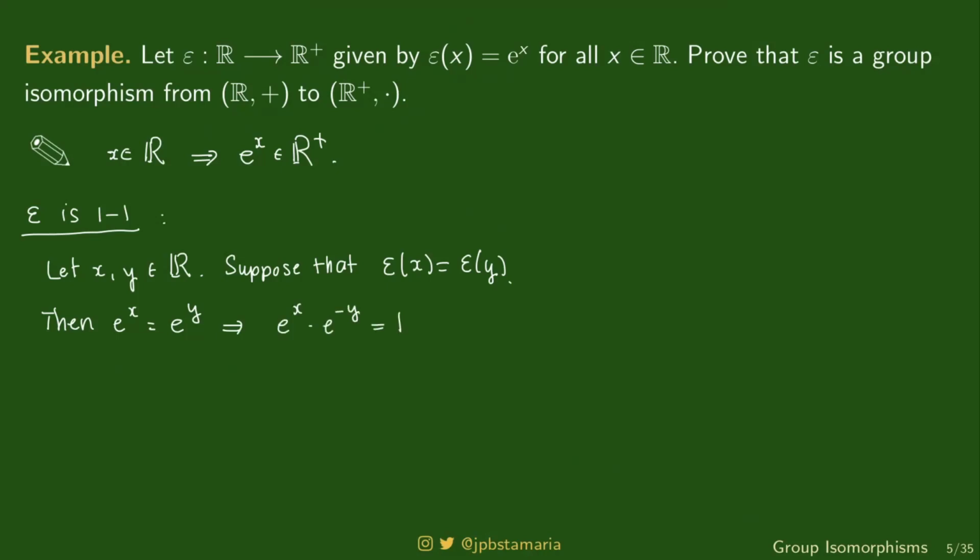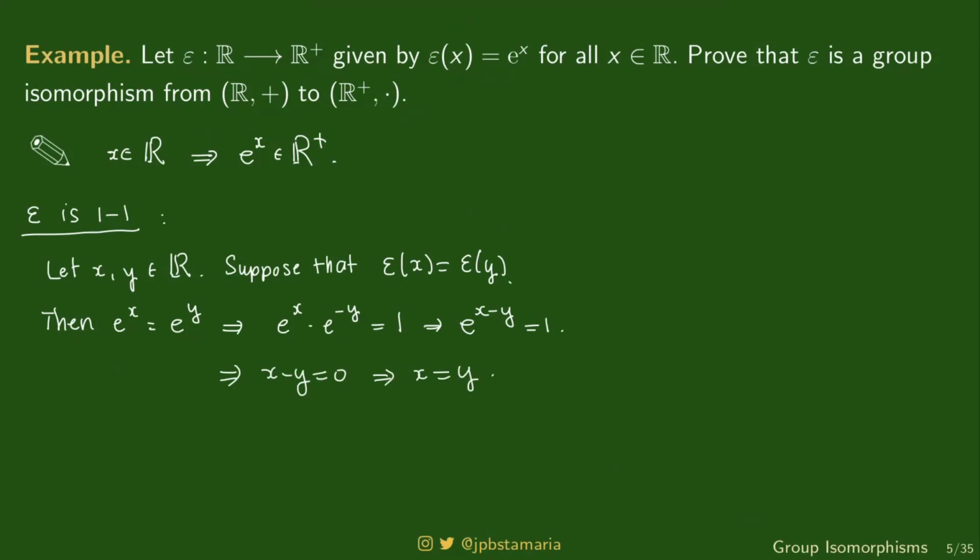Diba? So that will mean e to the x minus y is 1. Eh, ang exponential nagiging 1 only when the exponent is 0, diba? So that means x minus y is 0, or that means x is equal to y. So really, epsilon is a 1-to-1 function.